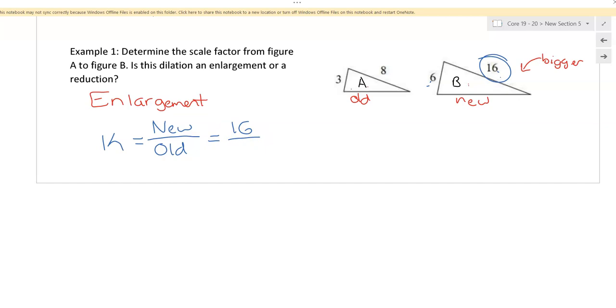So then in my old figure, I have to be careful. I was choosing this side in my new figure, so I have to choose the same side in my old figure. So I have to do that 8. And then 16 divided by 8 is 2. So the scale factor of this dilation is 2.